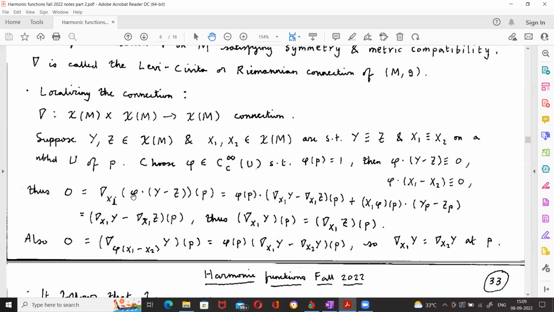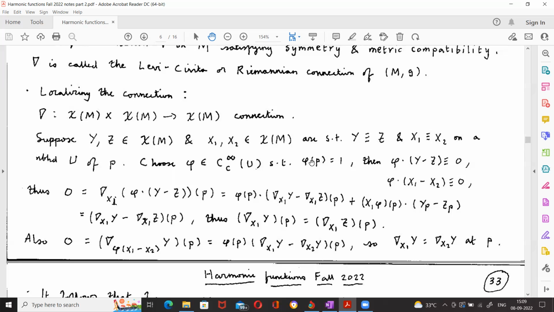This is phi(p) times nabla x1 of (y minus z), that is, nabla x1 y minus nabla x1 z at p, plus x1 applied to phi at p times (y(p) minus z(p)). Now look at the first term.